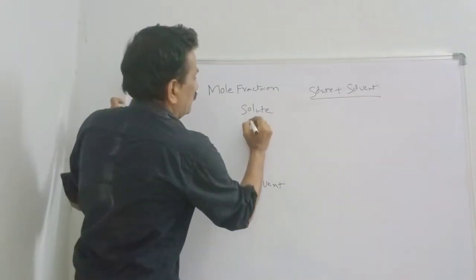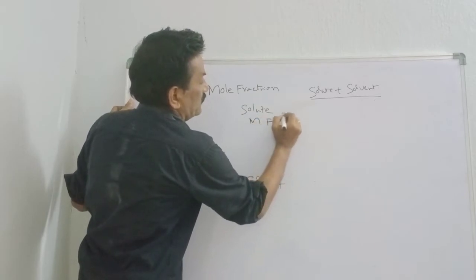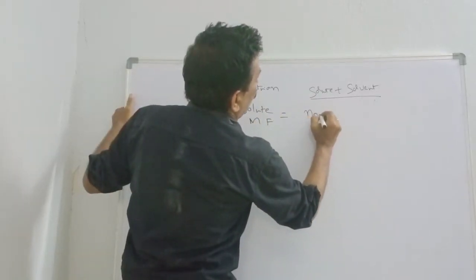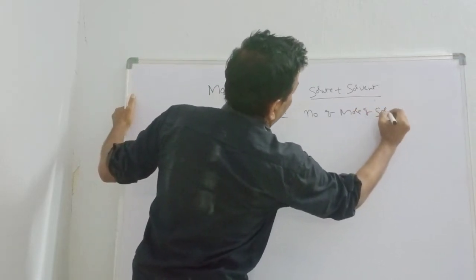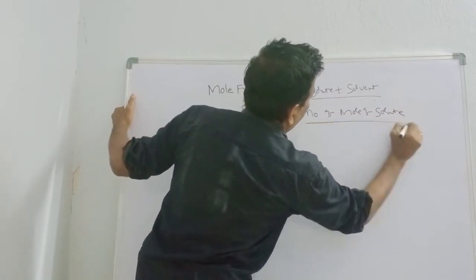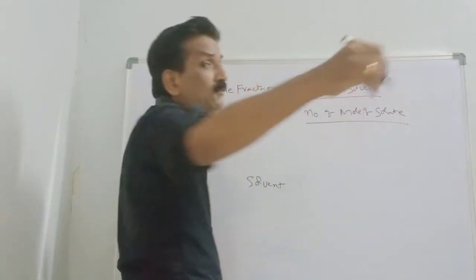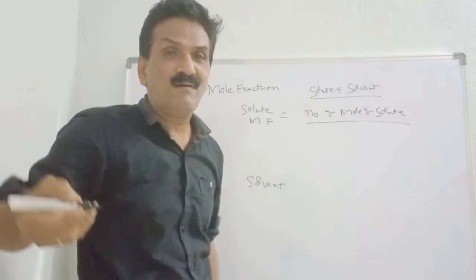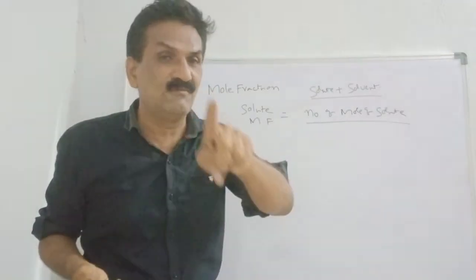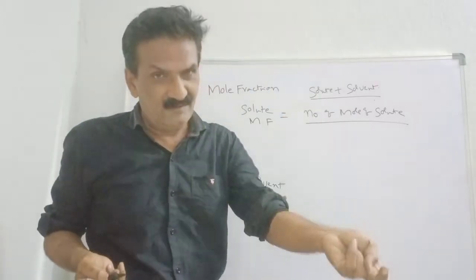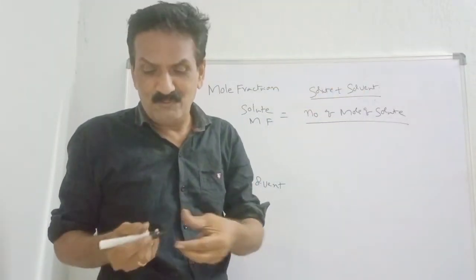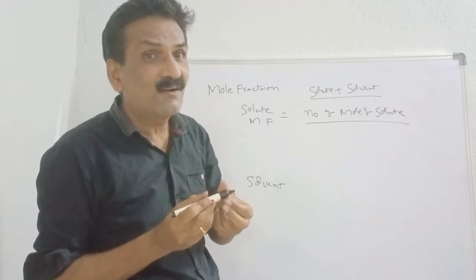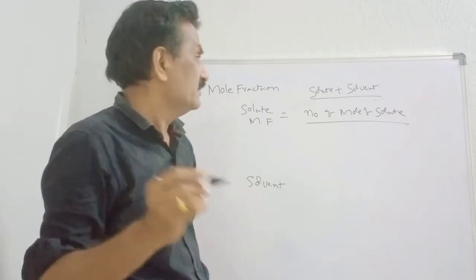Solute mole fraction is equal to number of moles of solute upon total moles of the solution, because in solution two components are there. One is solute, another is solvent. Sugar is solute, water is solvent. Salt is solute, water is solvent. So many solutions are there. Even sea water is also a solution.